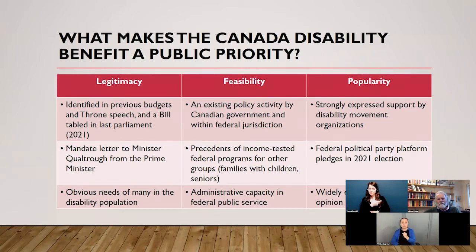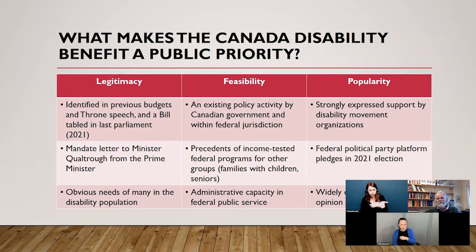The feasibility of this idea is that there's already a great deal that the Canadian government does around disability issues. This is not a new field and a new area. And in designing the program, we already have a number of existing programs, whether it's for seniors of low income or for families with young children, where the government of Canada is delivering income-tested benefits to eradicate, prevent, or reduce poverty.